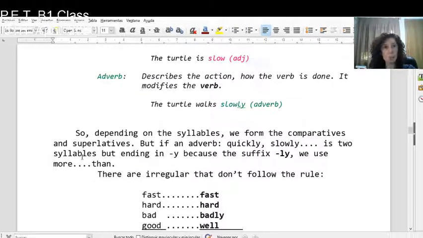So, depending on the syllables, we form the comparatives and superlatives. But if an adverb, quickly, slowly, which we explained before, is two syllables ending in the suffix "ly", we use "more than".